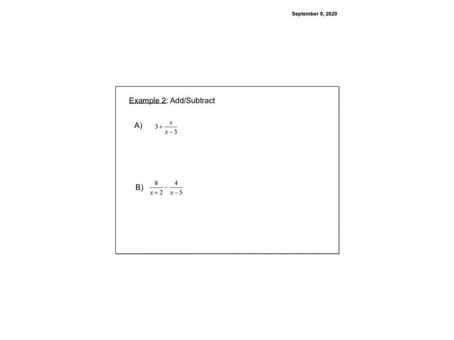Alright, so now let's go ahead and do some adding and subtracting. If you remember, when we add and subtract, we have to have a common denominator. So notice down here, since I don't have anything here in front, the denominator down there is a 1. So what would be the common denominator? It'd be an x minus 3.